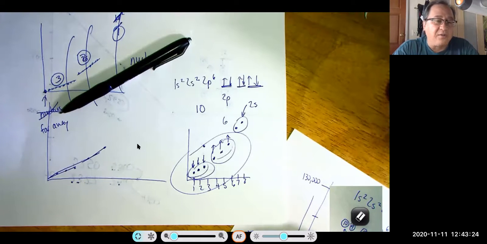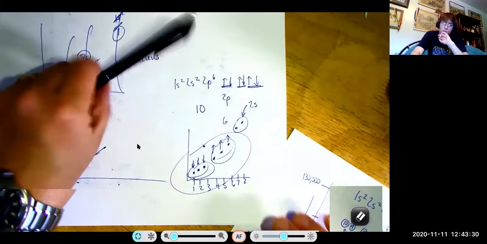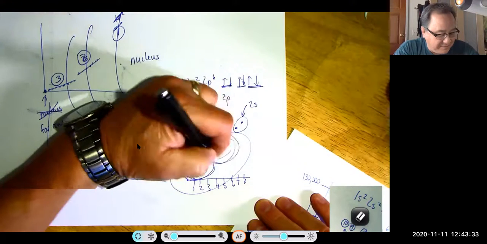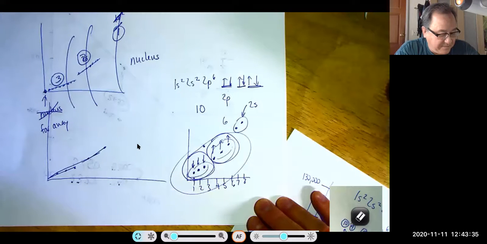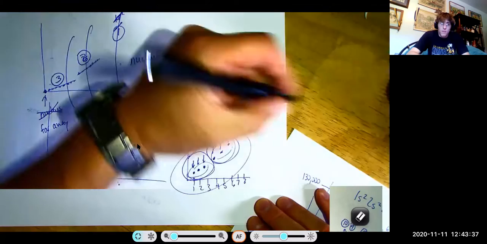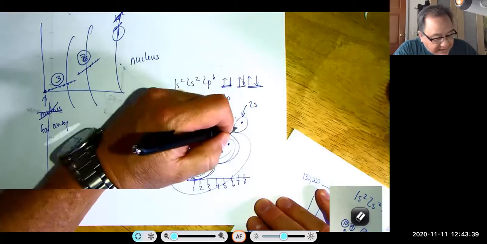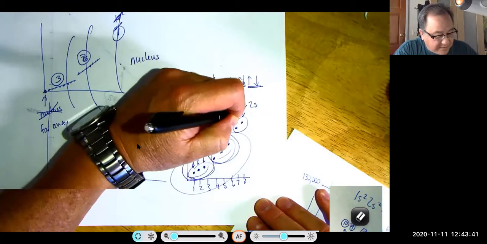The sets are arrow up versus arrow down. This set is arrow down. This set is arrow up. Here, the easier one is the arrow down. The harder one's the arrow up.